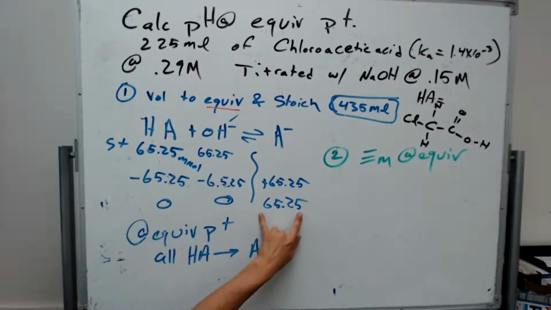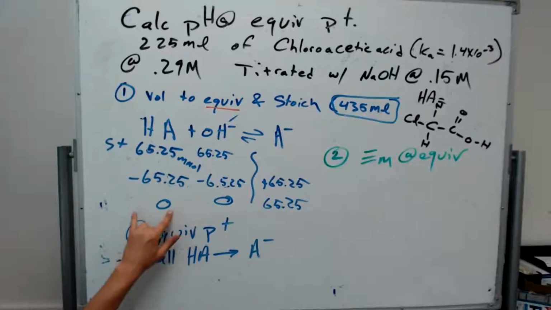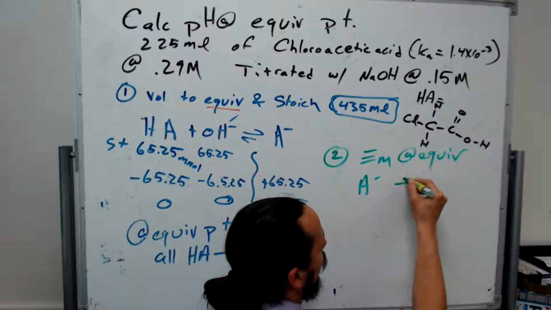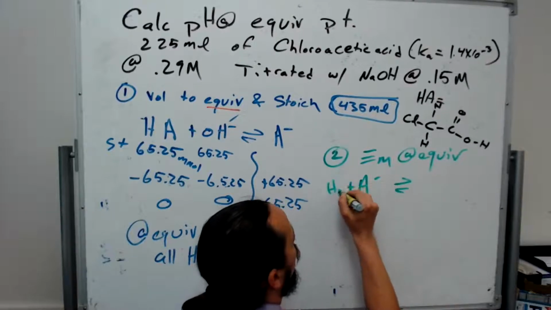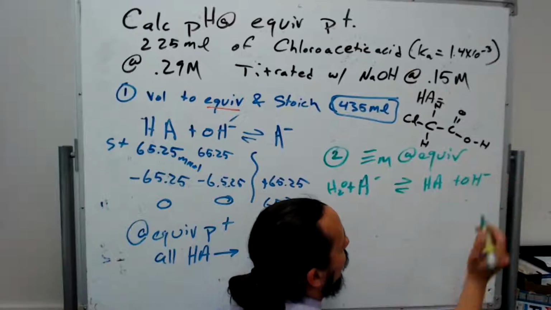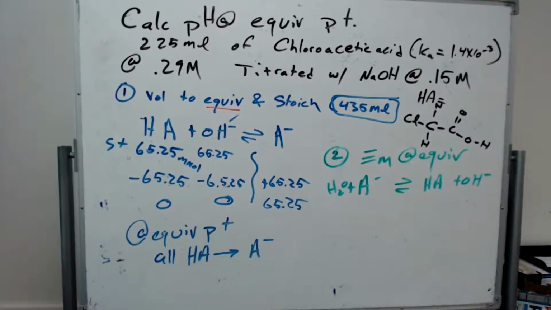This means I have to do it in terms of A minus as a reactant. I don't have any HA to be a reactant. It has to be A minus plus H2O goes to HA plus OH minus. When we're in the buffer region, we get to pick which one we use. At the equivalence point, or anytime we don't have both things present, we don't get to choose.